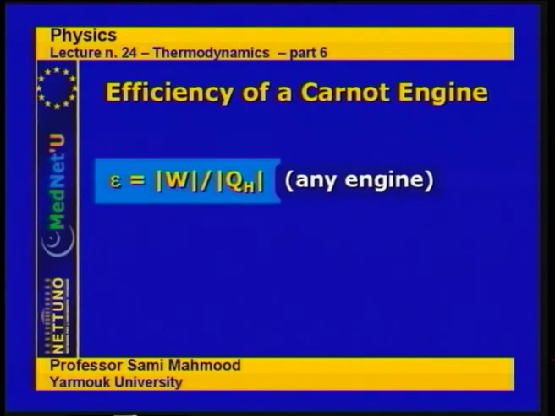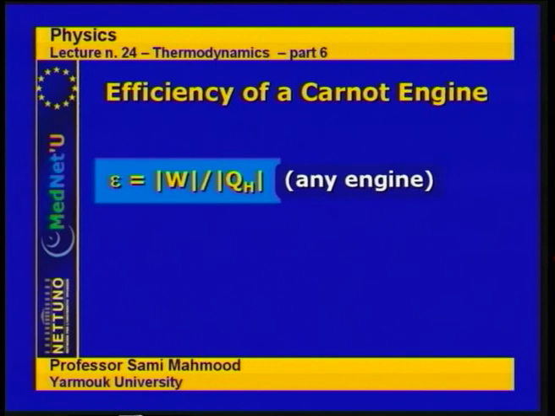A perfect engine would have an efficiency of 1. What is efficiency? Efficiency could be defined as what we want, what we need in terms of benefit from the machine, divided by what we pay for.